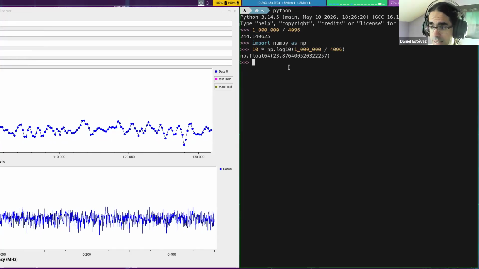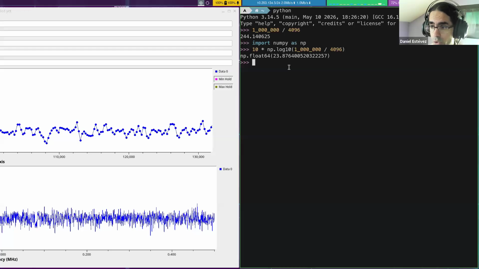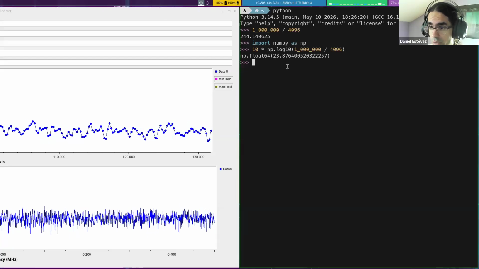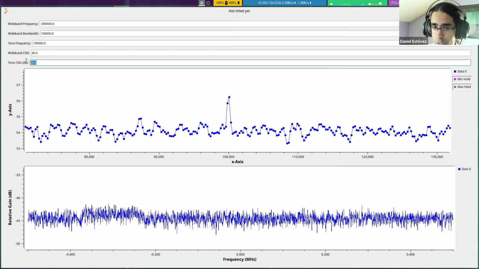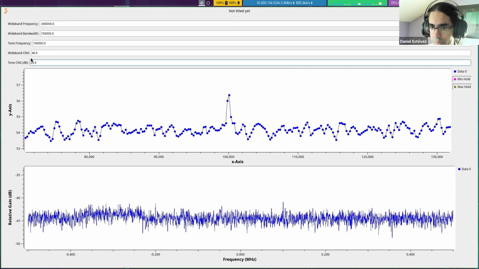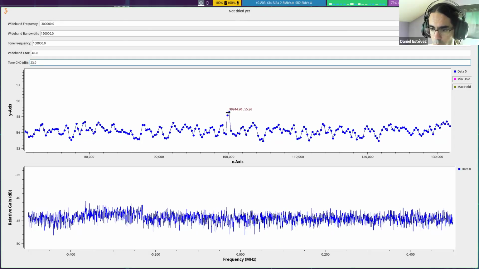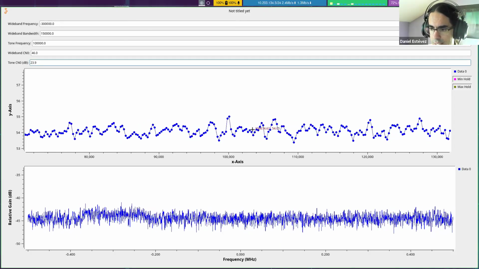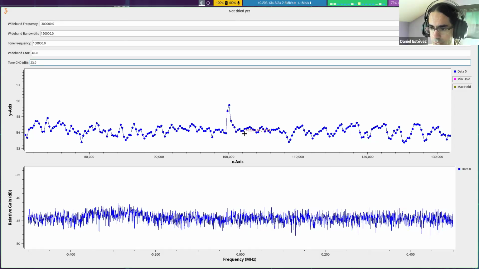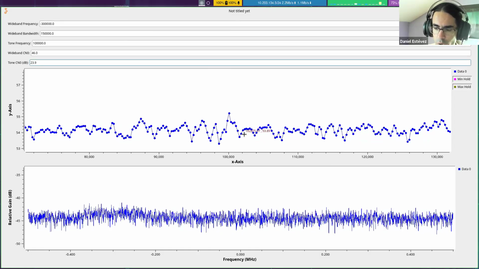This means that if my signal were to have a CN0 of, let's call it, 23.9, then this signal is going to have the same power as each of the noise bins. And that is the rule of thumb.